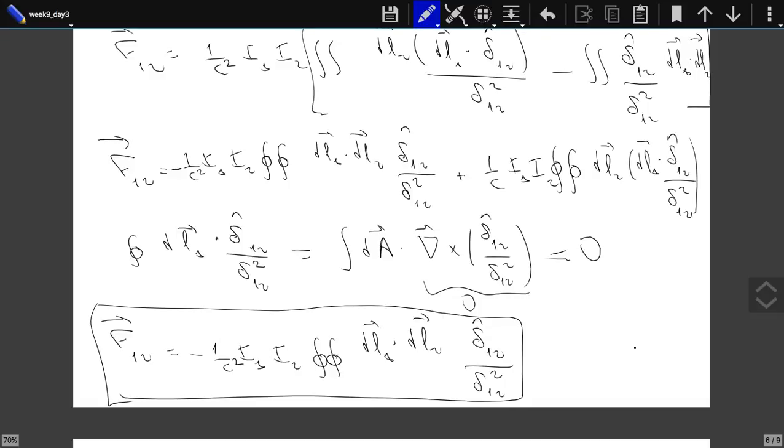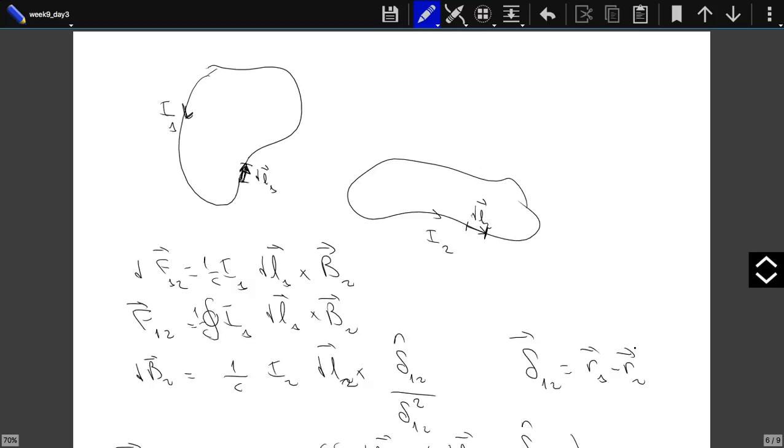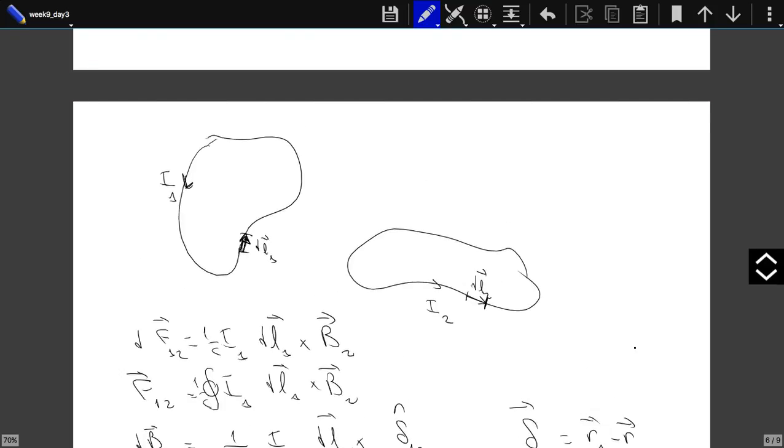And we have the two line integrals over each one of these loops of this delta 1,2 hat over delta 1,2 squared. What we are doing is this dl1 integral is an integral over our first loop. We divide our first loop into very small bits, call each one of those bits dl1, and then we have to evaluate the magnetic field.